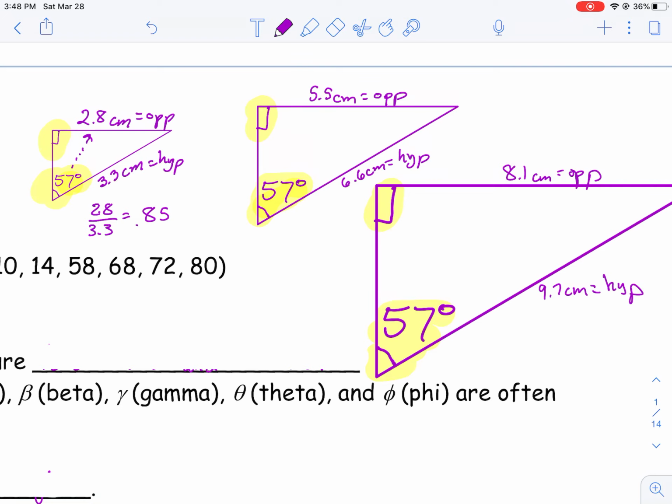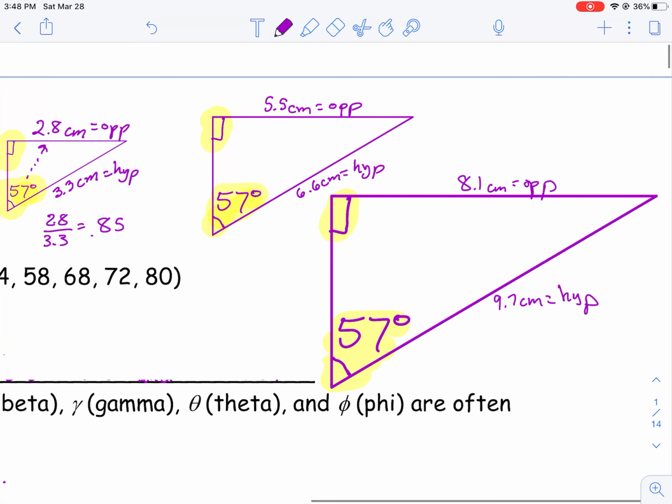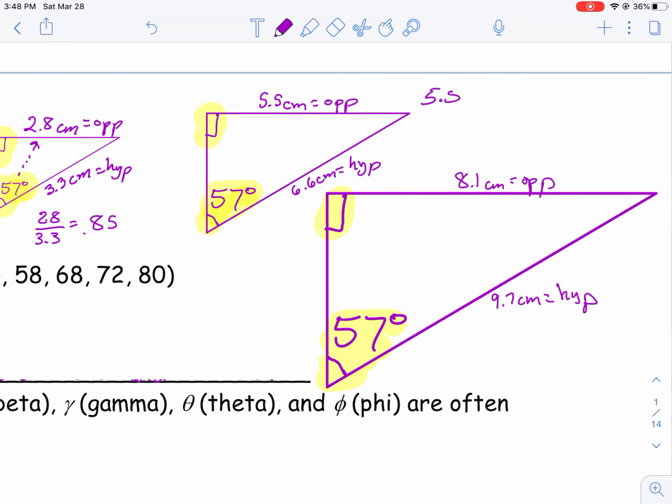In this middle triangle, I'm going to take 5.5, the opposite side, divided by the hypotenuse, 6.6, and that's going to give me a decimal of around 0.83. And if I do the same thing here, the opposite side divided by the hypotenuse, I'm going to get a decimal of 0.84.